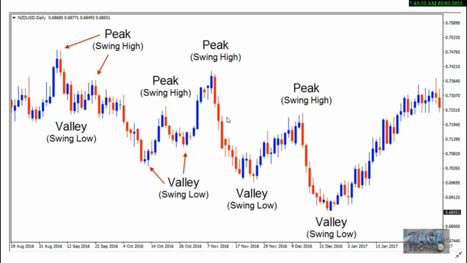So look at the swing high, swing low, swing high, swing low, swing high, swing low, and we have high here. All right. So we can identify the swing highs and the swing lows. And this is what we are going to connect in order to do what? To draw a trend line. So let's move to the next one.